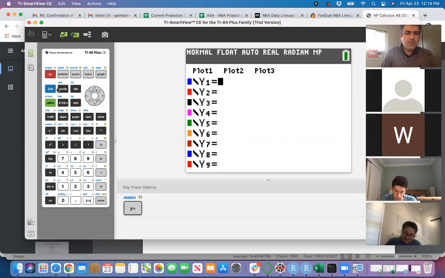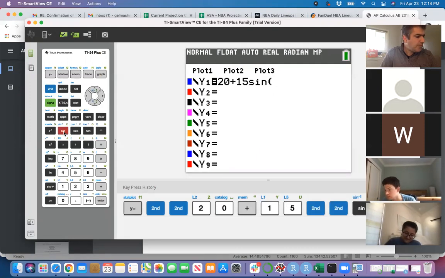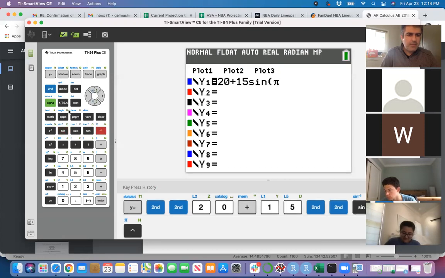Okay, so I'm probably just going to start typing these in under y1 and y2, because you probably have to recall these equations over and over again. That's usually a good idea. So 20 plus 15 sine of pi x divided by 15.